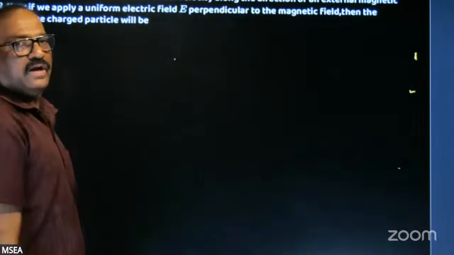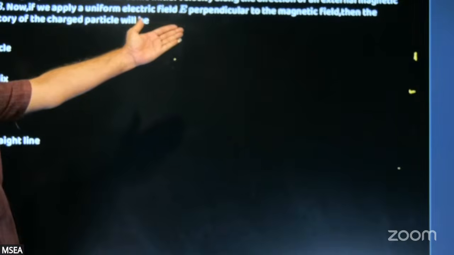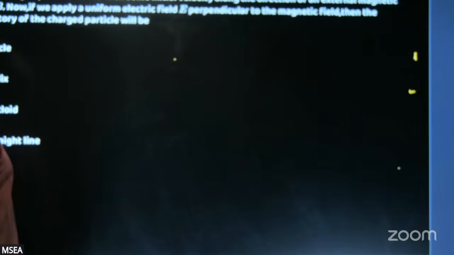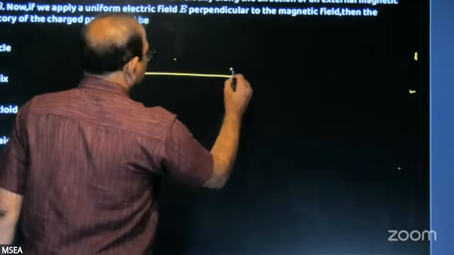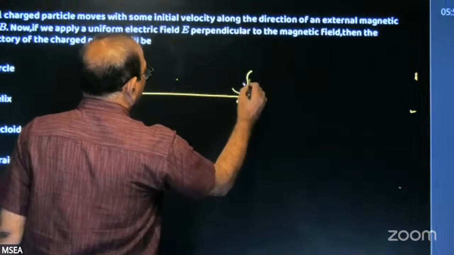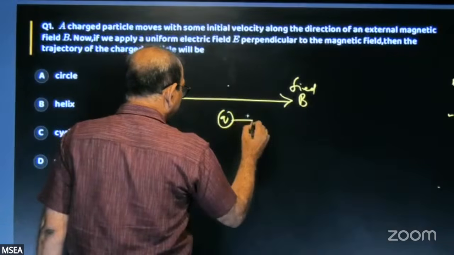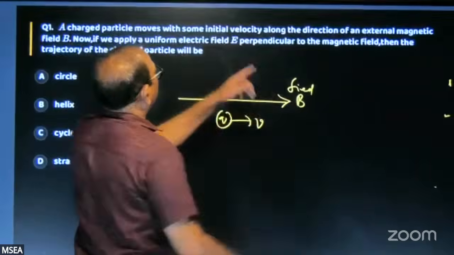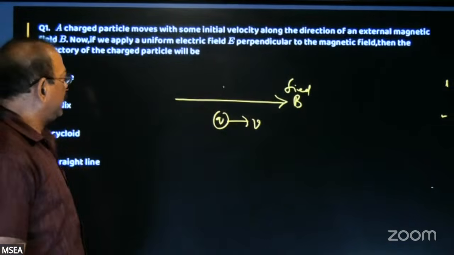Overall, some revision of the chapter, briefly I did. Now see this. A charged particle moves with some initial velocity along the direction of an external magnetic field. There is a magnetic field of magnetic induction B. A charged particle is moving in the same direction, along the direction of the magnetic field.